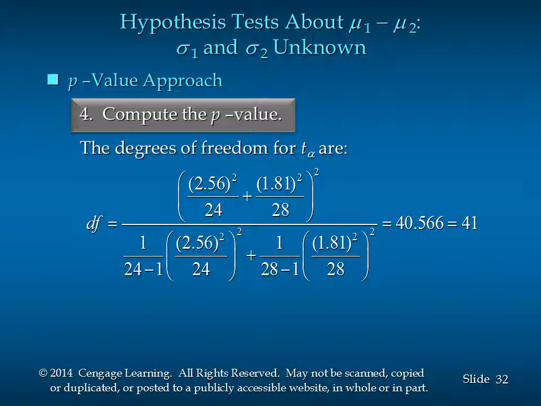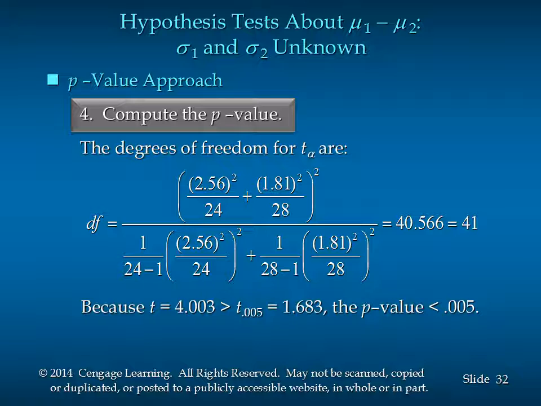And if you ran all these numbers, you would get a t-value of 4.003, and at 0.005, the p-value is less than 0.005. So what would you do at that point?